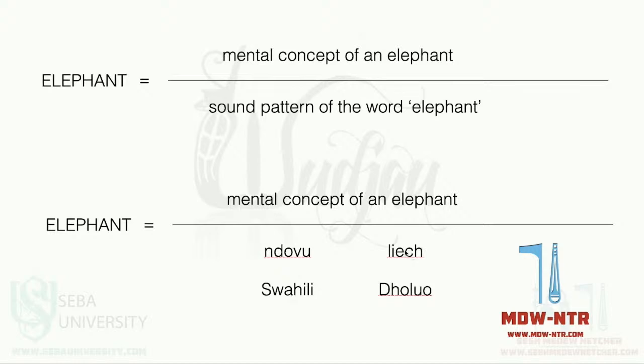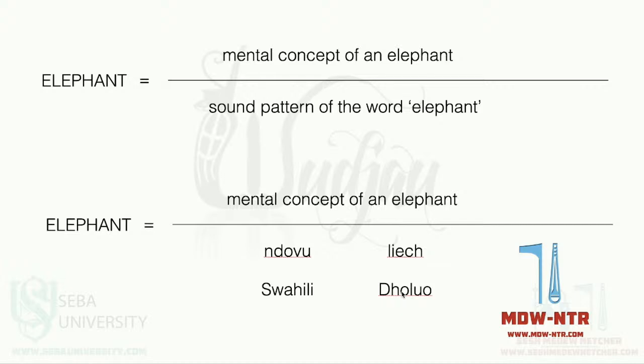Likewise, we have another form, liech. This sound pattern is also glued to the concept of this large gray animal, and together they form a Dholuo sign, also known as a word, in the Dholuo language. So this should make it clear what a language actually is.